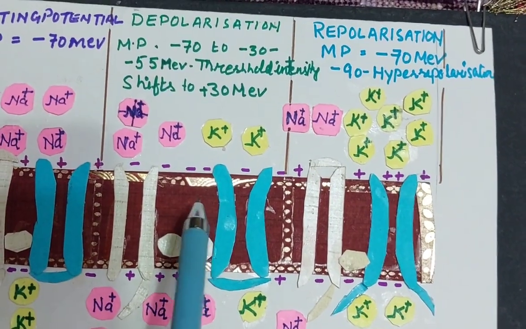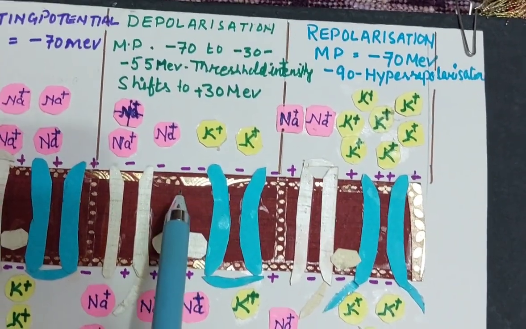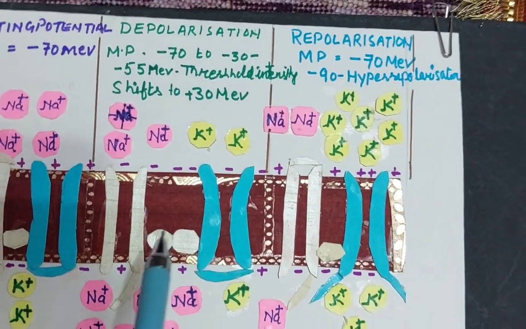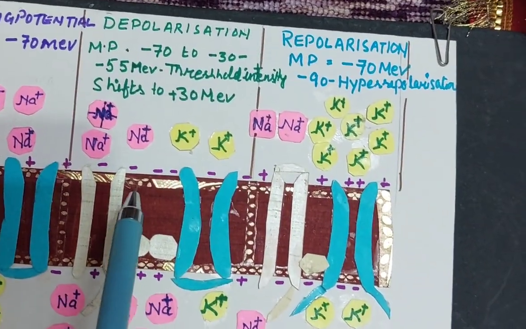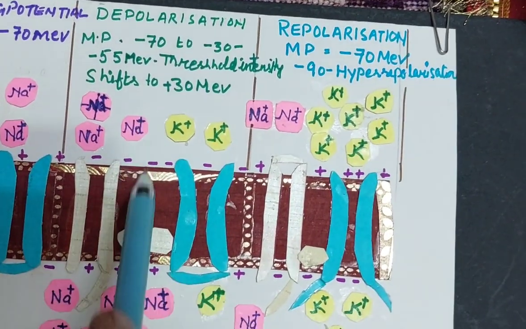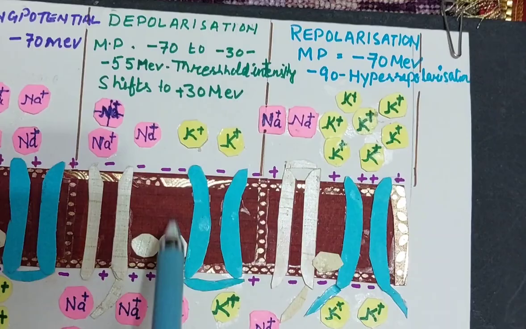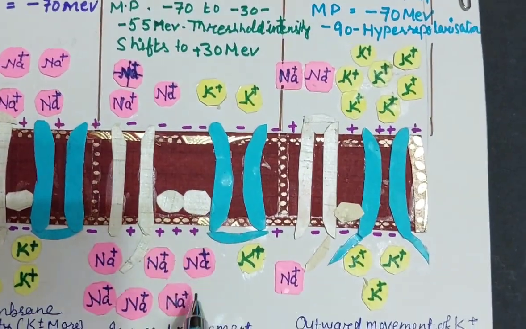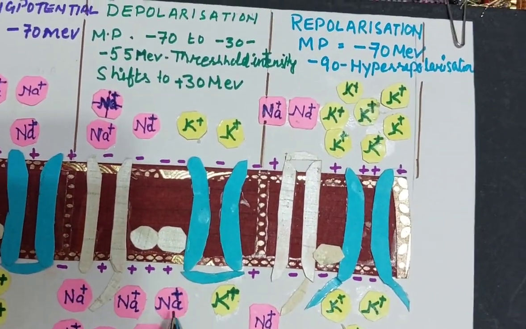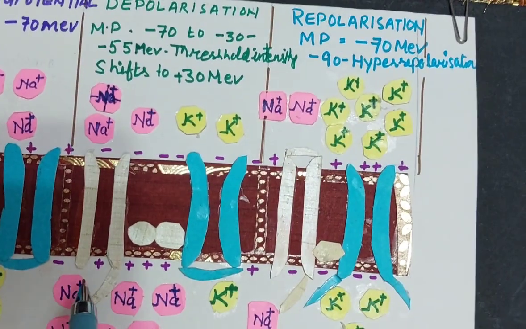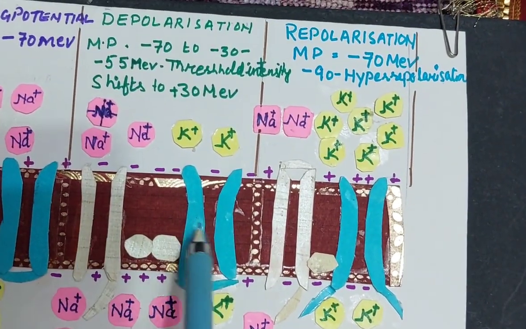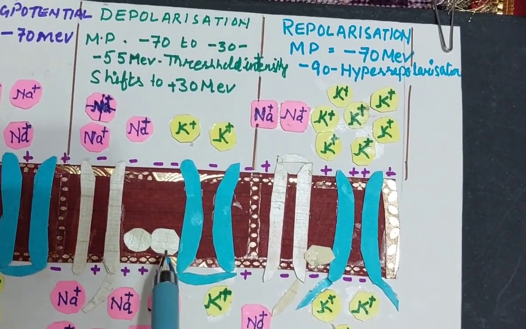Because of the opening of these voltage gated sodium channels, there will be more influx of sodium. Understand? Movement of sodium inside will change the polarity of the membrane.